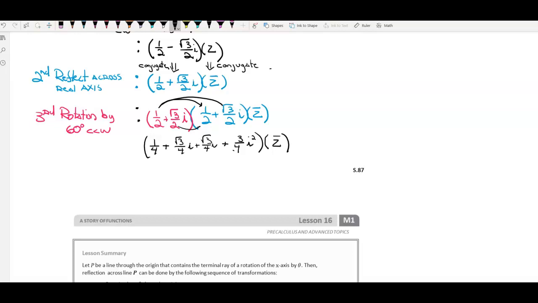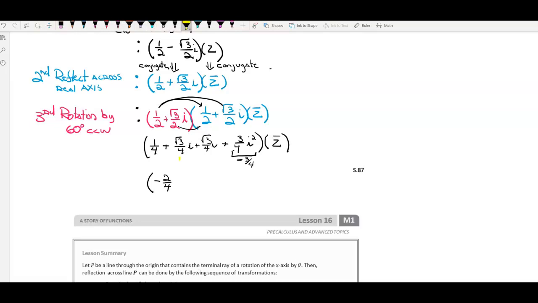Now we're going to combine like terms. So remember, this right here is now going to really be negative 3/4. So I got 1/4 minus 3/4, negative 2/4. Okay, now watch up here. How do you combine these?